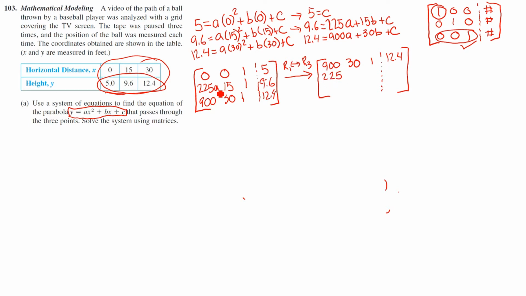And I apologize, I didn't mean to put that A there. So I'm just going to rewrite the matrix. 0, 0, 1, 12.4. Oh, sorry, I did not mean to put that 12.4.